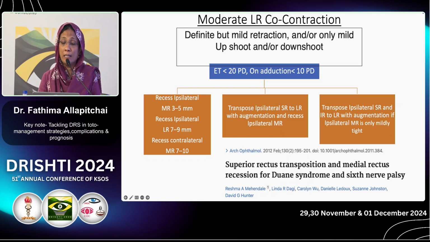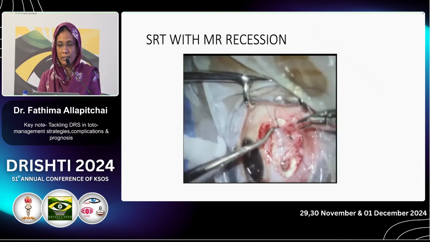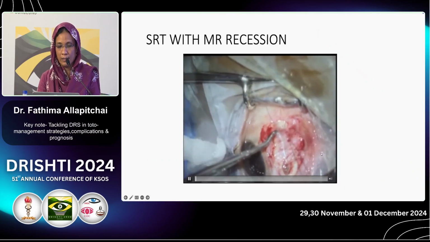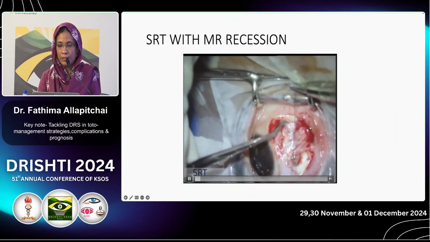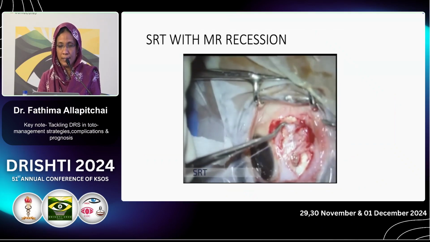He advises medial rectus recession under adjustable, so that if at all some unexpected exo happens, we can adjust in medial rectus, because in DRS there is always a risk of getting exo after ESO surgery.